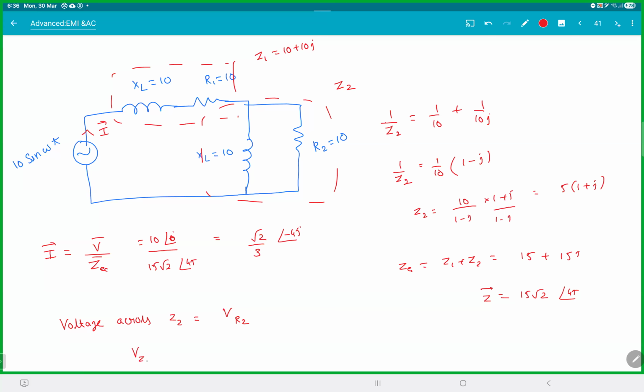So voltage across Z2 will be the current I bar dot Z2 bar. Current is root 2 by 3 angle minus 45. This is 15 root 2 angle 45. 45, 45, anyway, that doesn't matter. That would be 10 angle 0 degrees. So this is the peak value, right? Which is the 10.